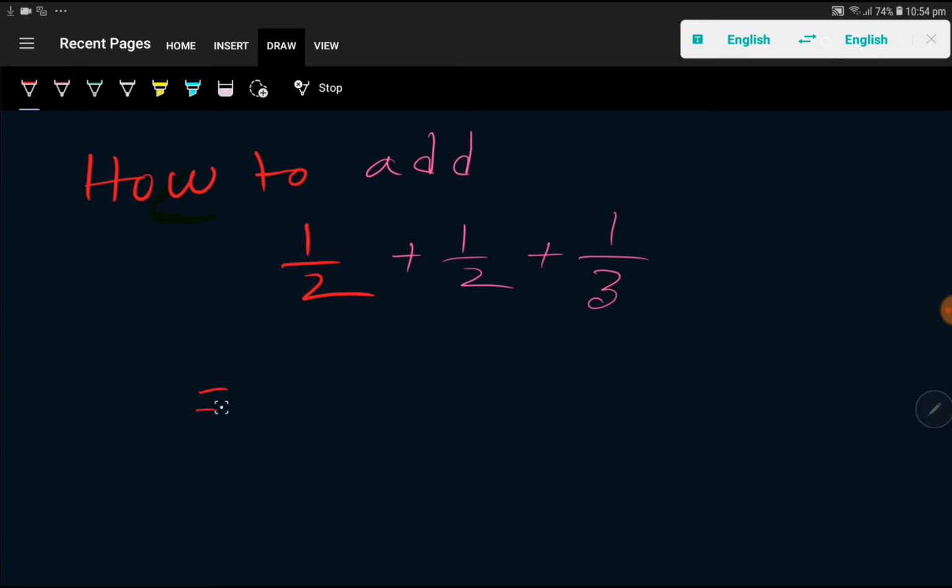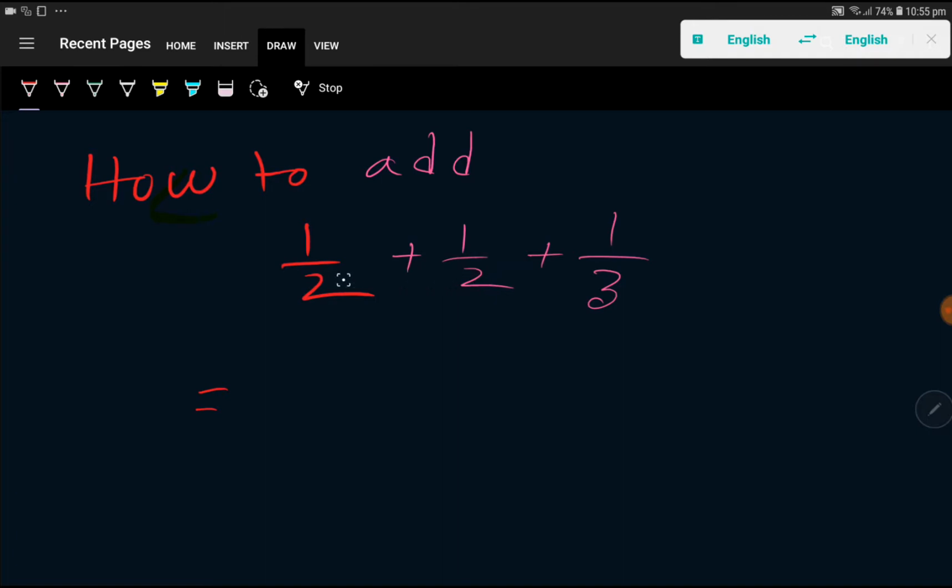Look here, to add these fractions our first target is to get a common denominator. Here 2 is common, but this 3 is not common, right? So to make all the denominators the same, we have to apply our common sense.